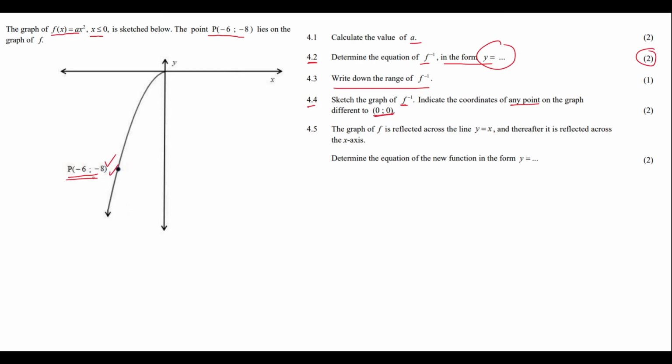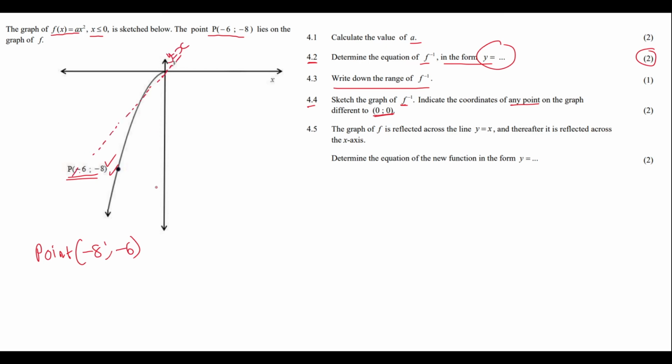But it will be easier to use P here. So what happens here? P is from our f of x. So for the inverse, we interchange this. So we're going to have a point with coordinates of -8, -6. Interchange: where there's x, you put y; where there's y, put x. And the other thing, remember the inverse is a reflection of the graph about the line y is equal to x.